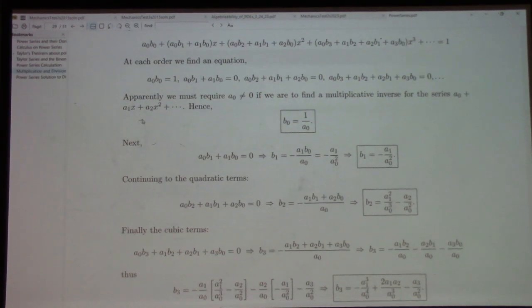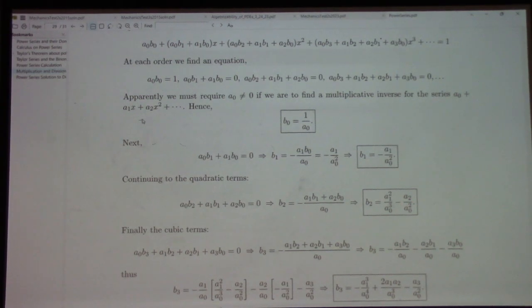So yeah, I can keep doing this. At quadratic order, I'm solving this equation. If I solve for b2, I get minus a1 b1 minus a2 b0 over a0. Then I'll plug in this equation and that equation, and it gives me this formula for b2. And there's kind of a pattern here. You notice there's always one more thing on the bottom than there is on top, in every term.